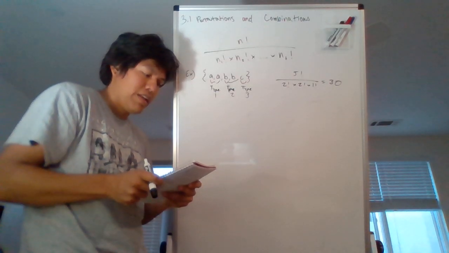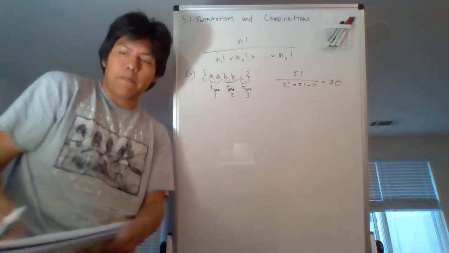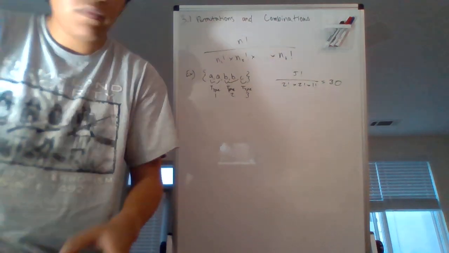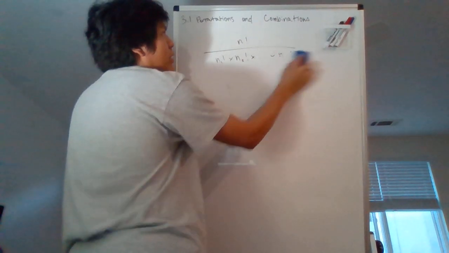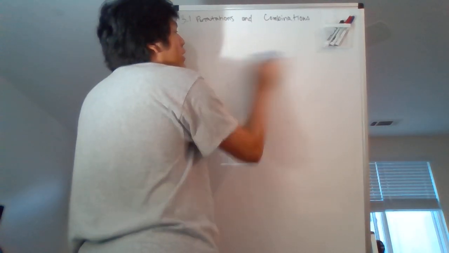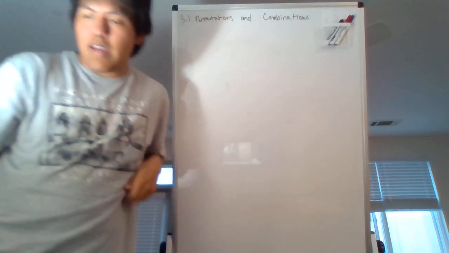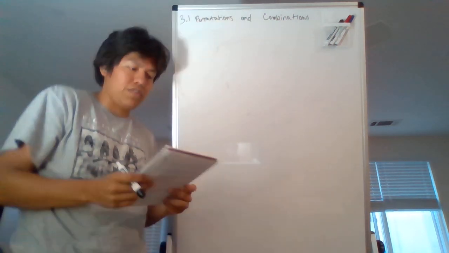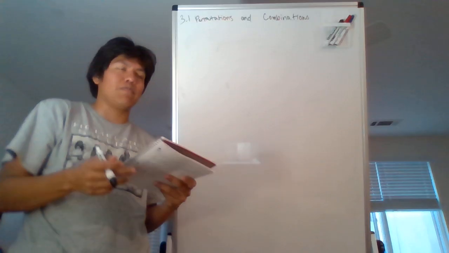Next, we'll look at combinations. So this was permutations, what we just went over. Now we're going to look at combinations. And they're almost the same thing, except in permutations, we look at elements without replacement, right?